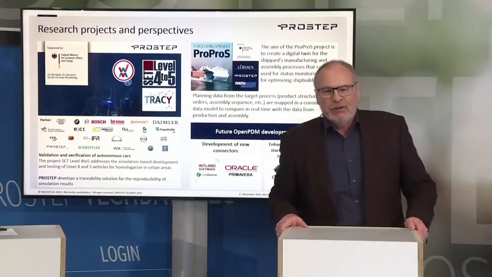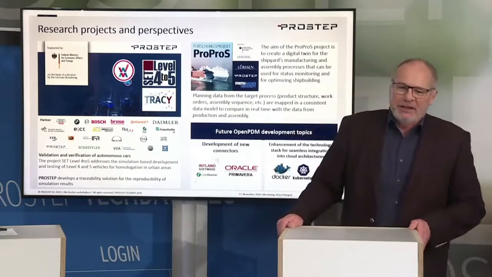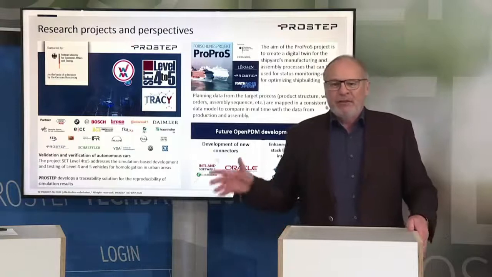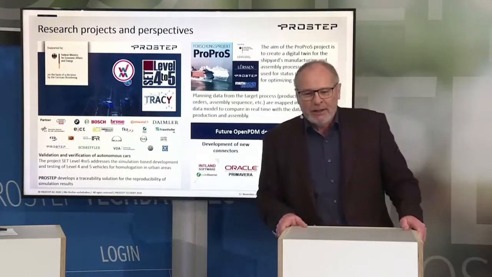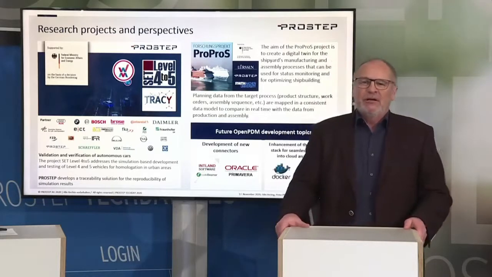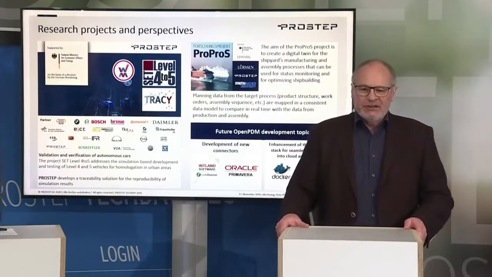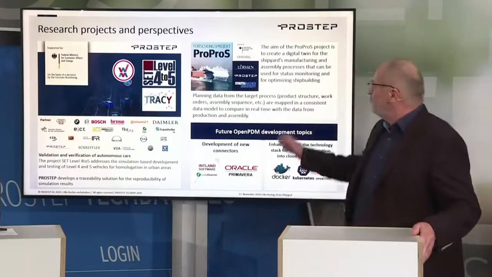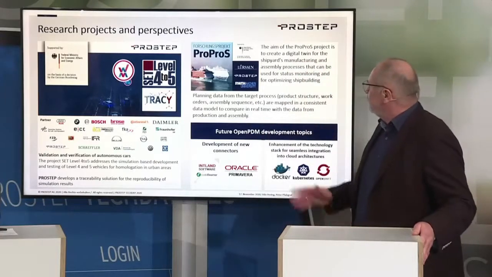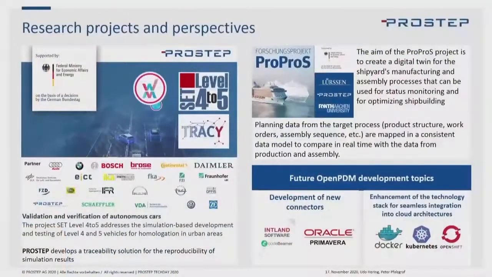You could argue who came first. Our product idea, as Mr. Pfalzgraf indicated before, was there first, and then the project followed. But we're very able to incorporate our knowledge at this point. The next project, also supported by BMW, smaller consortium if you compare that to the set level 4 to 5 project, the Lürsen project.